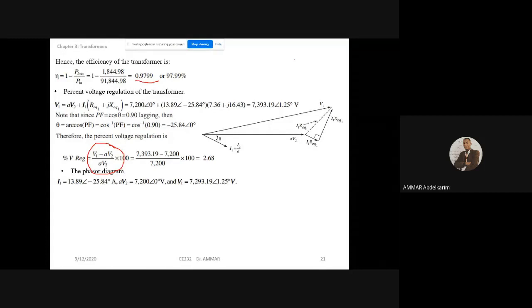But it always means that voltage regulation is the difference between the no load voltage minus the voltage across the load.